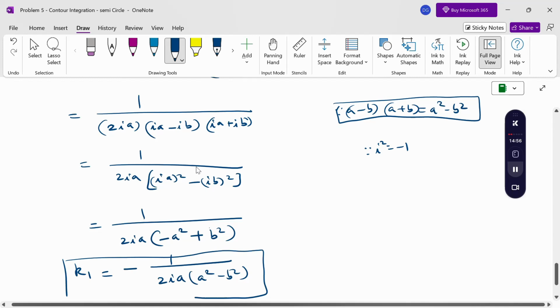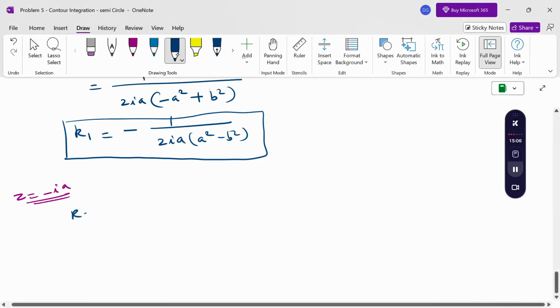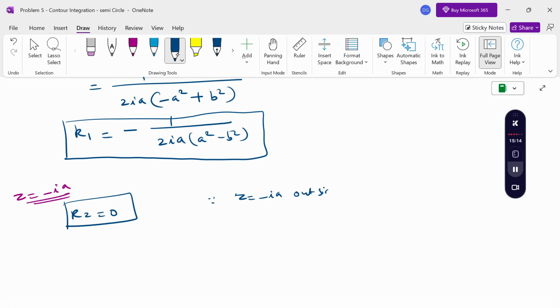Then residue 2, at z equal to minus ia, is 0 since this point is outside the semicircle.